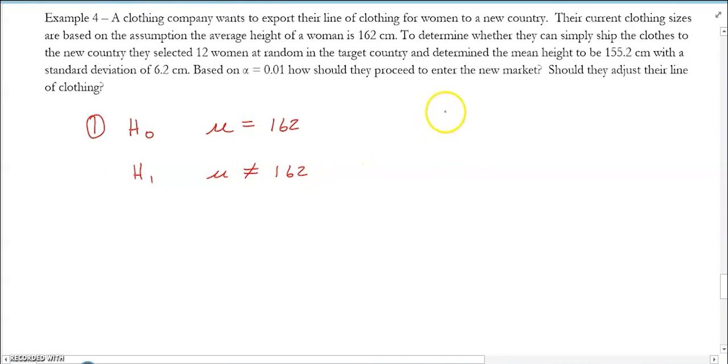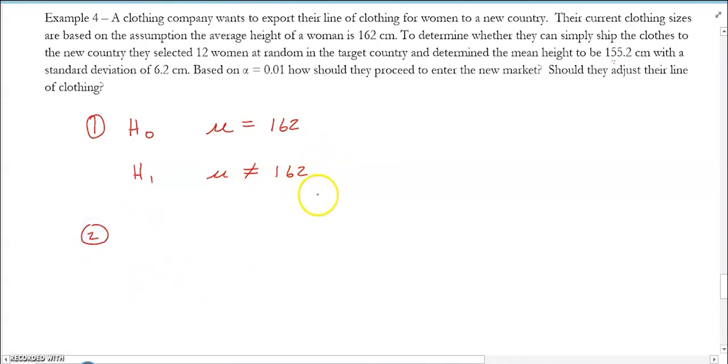There's no indication of direction in this case, but you could also say, well, you think that the mean is less than 162 based on the current findings, right? But I'm going to approach this as saying, well, the mean is either 162 or is not 162.